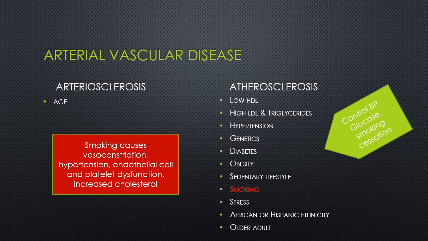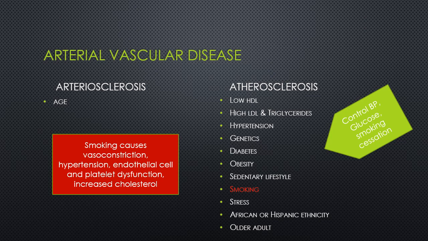You've probably heard about this before if you've heard any literature or teaching from the American Heart Association and the American Stroke Association, but these are the things that cause atherosclerotic cardiovascular disease, cerebral vascular disease, peripheral vascular disease.